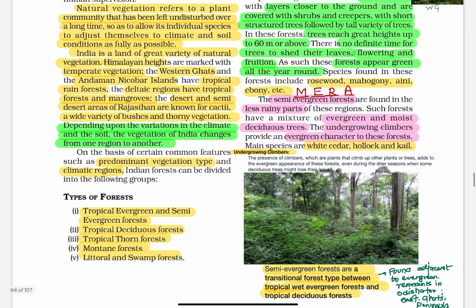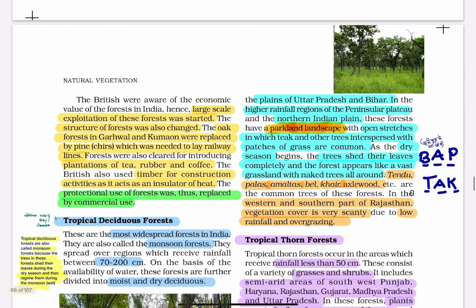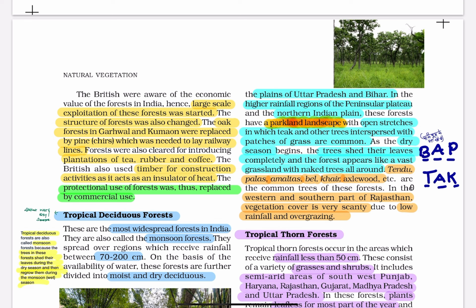Then semi-evergreen: a less rainy part, a mixture of evergreen plus moist deciduous, tropical moist deciduous forest. The examples are white cedar, hollock, kale. The undergrowing climbers give them the evergreen appearance. And examples I've given: the removal of oak and replacement with pines, which were needed to lay the railway lines.